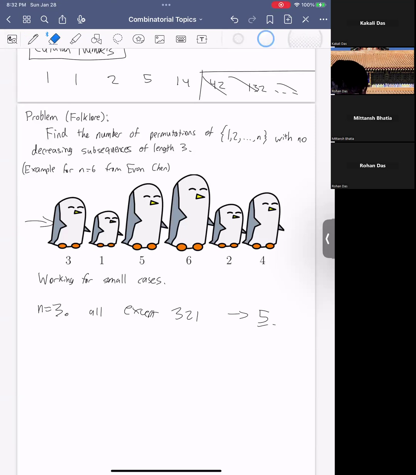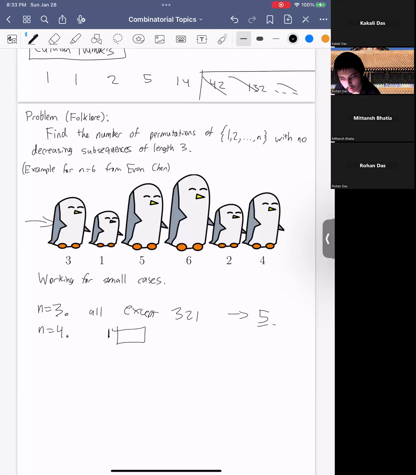Now we can consider n equals 4. And here, it's not too easy to think immediately about how you would approach this, but we can notice that there's just not that many permutations, and we can do this by some sort of brute force. So what I did is you can consider what the first element is. If it starts with 1, that's not going to contribute to any decreasing subsequence.